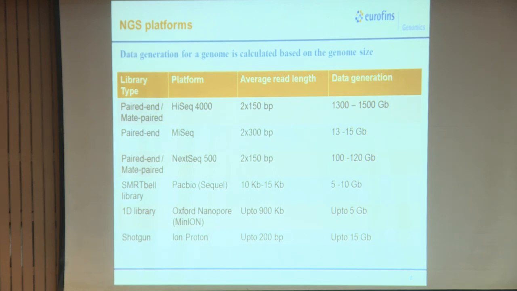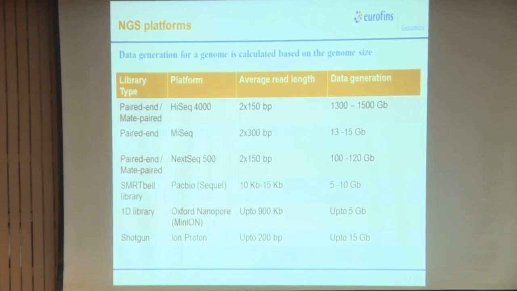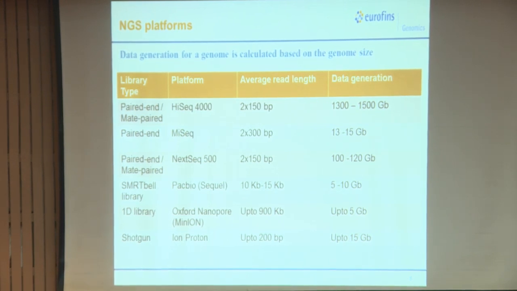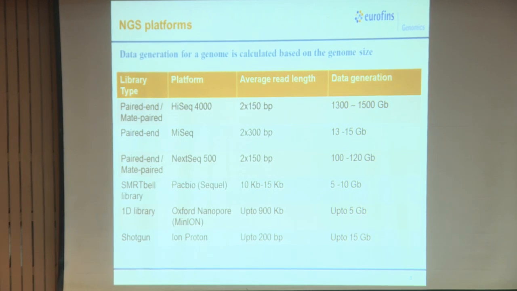If I say 100, the sequencing is done at 100x coverage, that means I am sequencing a particular region 100 times. So, this 50 into 100 becomes my 5 GB. That means 5 GB data I am generating for the genome of 50 MB.